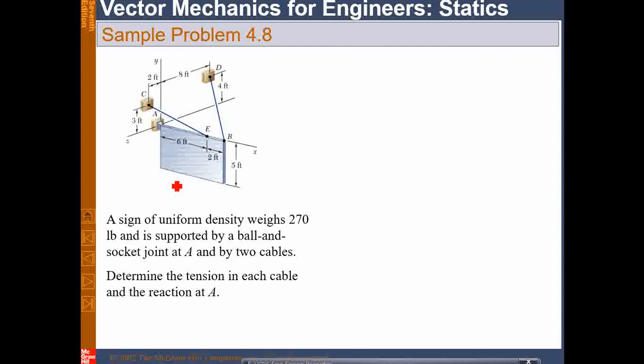So this is one part, and these are the dimensions given to it. I would like to know the tension in this cable, the tension in this cable, and what is the reaction at A.